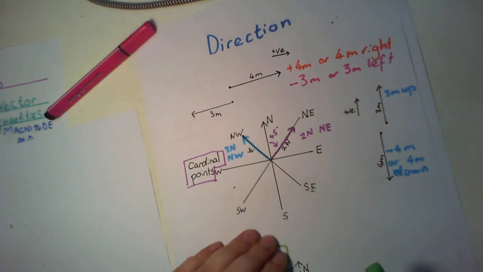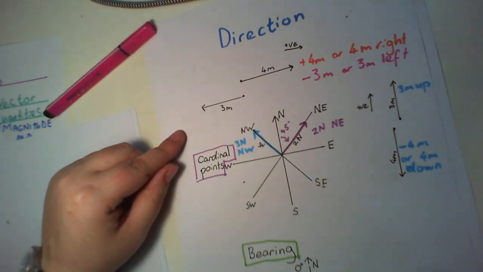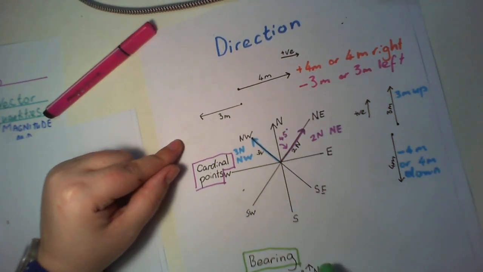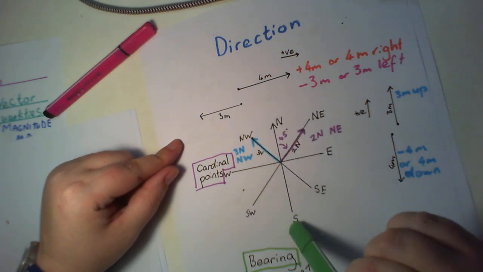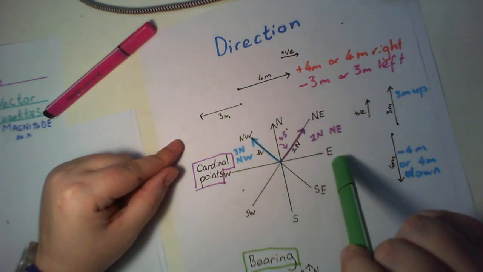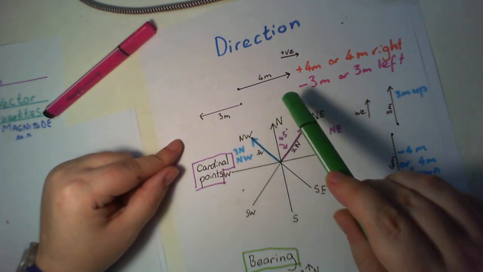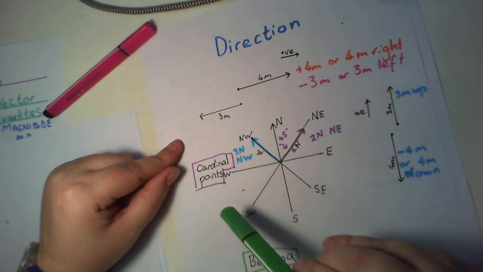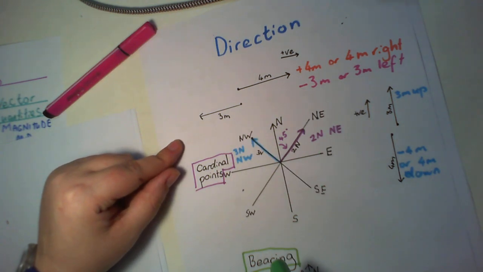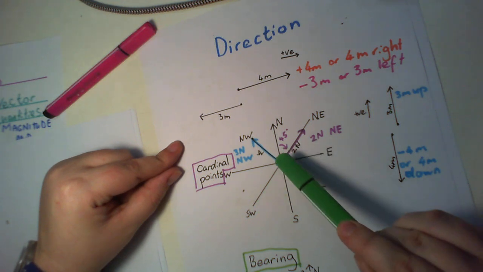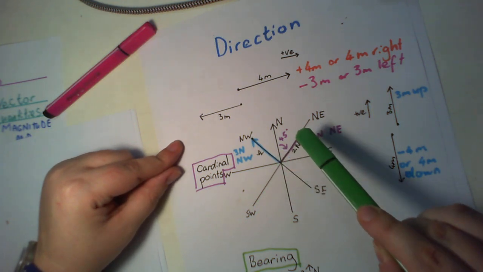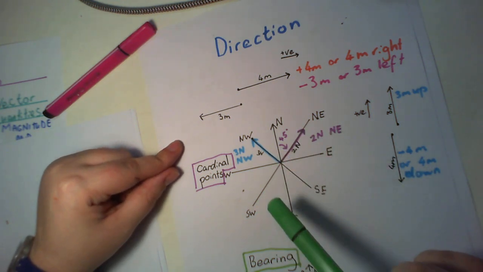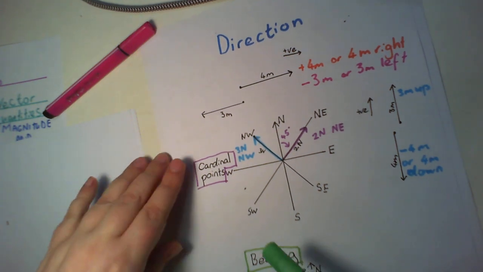We also have the cardinal points. Simple, like a compass. We have north, south, west, and east. And we also have northeast, southeast, southwest, and northwest. In this example, we have a force of 2 newtons northeast. You just need to be careful with this one.